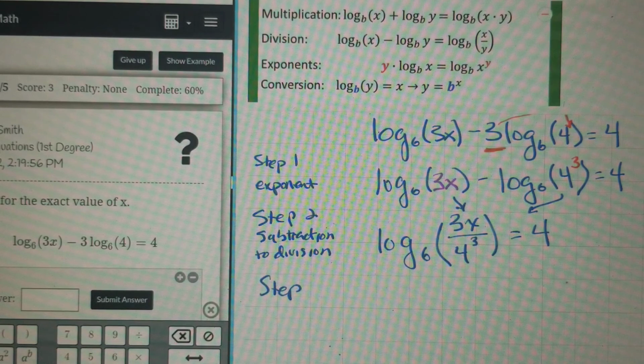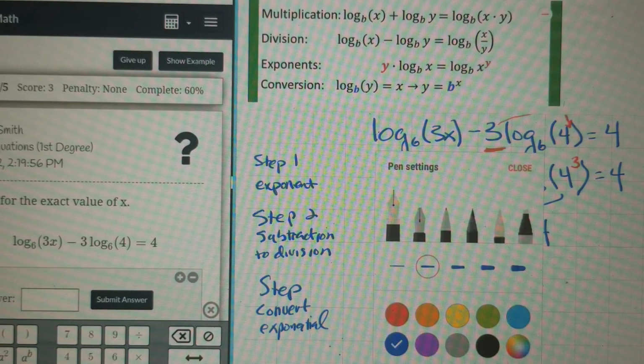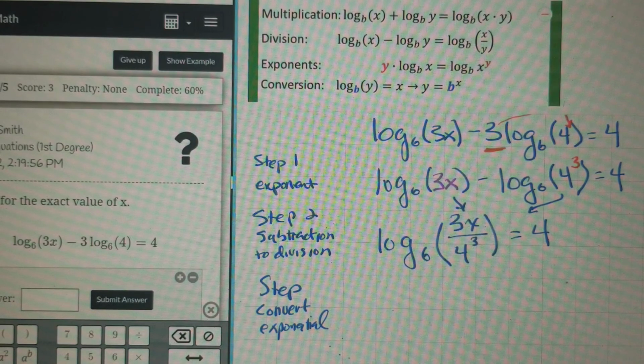Step 3 is convert to exponential form. To convert from logarithmic to exponential form is super easy. All we do is focus on the base. So here's our base.